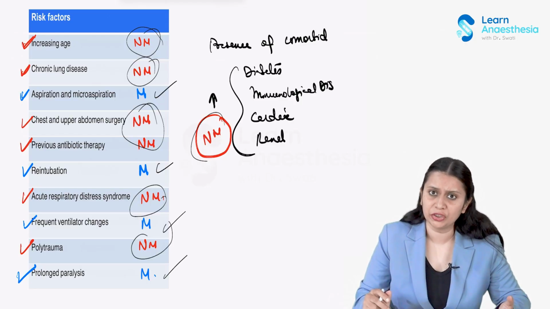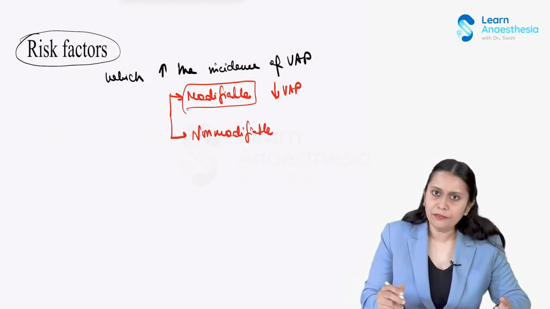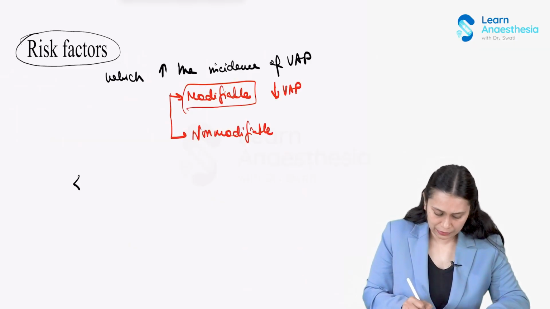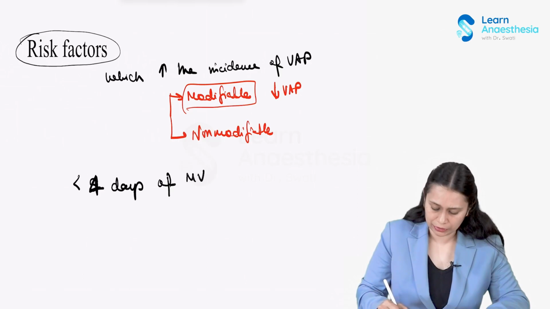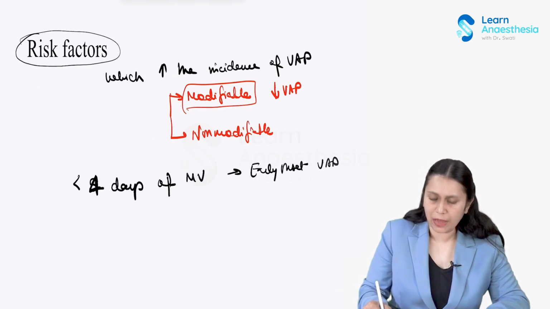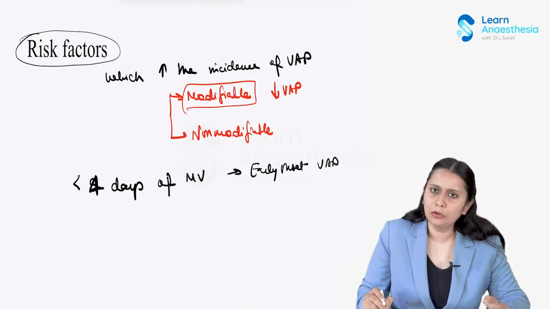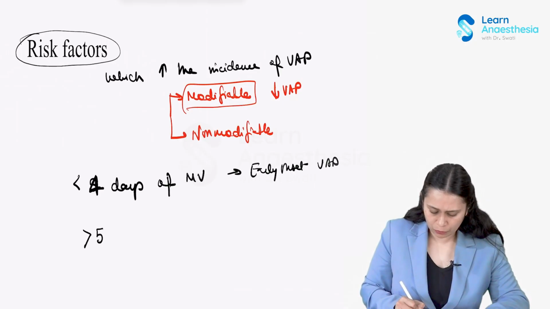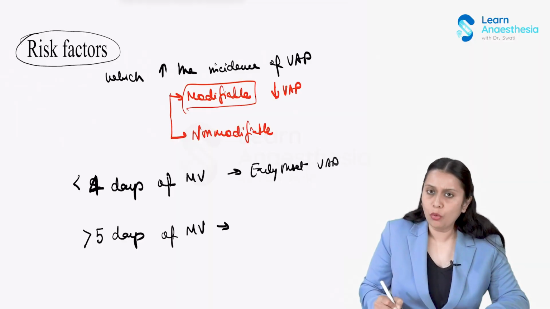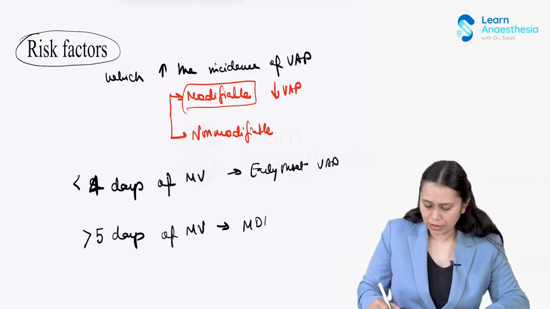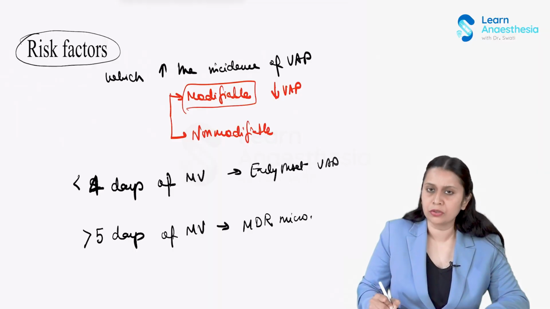Remember, if VAP is developing in less than 4 days of mechanical ventilation, we call it early onset. Early onset VAP has a better prognosis, less morbidity, and responds to antibiotics well. But if it is developing after more than 5 days of mechanical ventilation, then mostly it is a multi-drug resistant microorganism which is causing it.